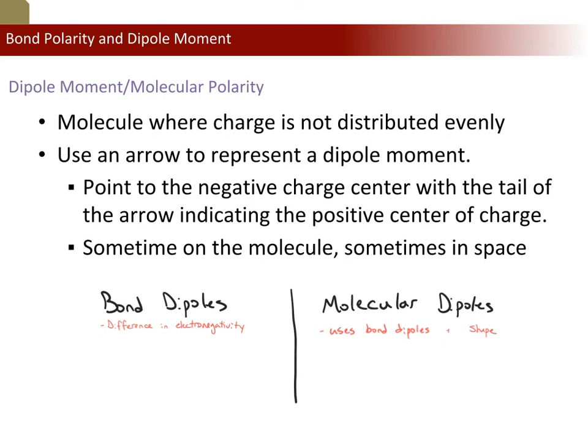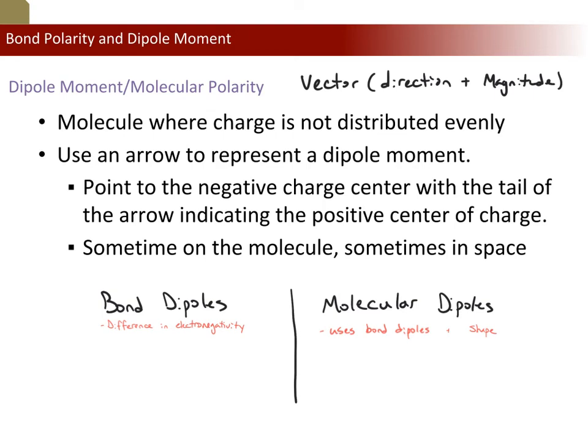So typically what we do is we use an arrow to represent the dipole moment of the molecule, and it's a vector. A vector is an arrow with a direction and a magnitude, and the arrow points towards the more negative portion of the molecule, and the back tail, which is usually crossed off as a plus sign, is closer to the positive area of that molecule.